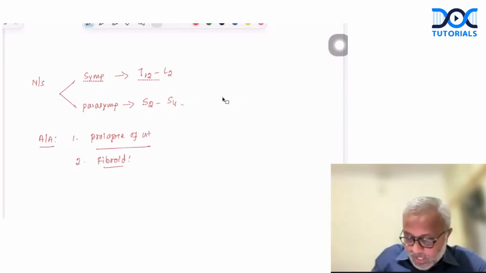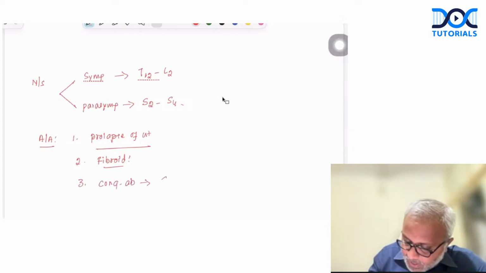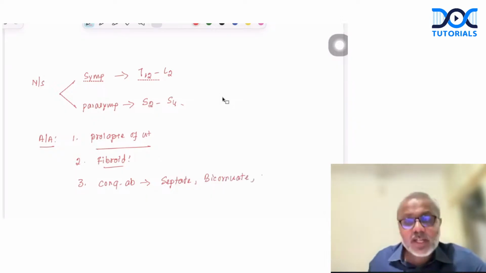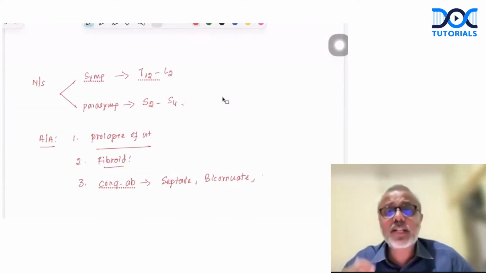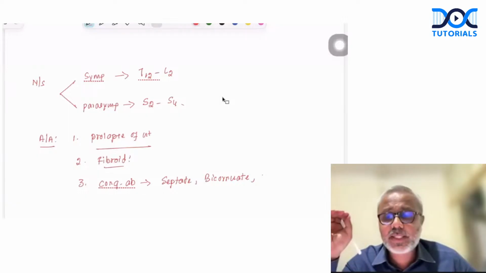Then you can talk about a few of the congenital abnormalities like the septate uterus. Then we have the bicornuate uterus. All this could be written as the congenital abnormalities. Done?